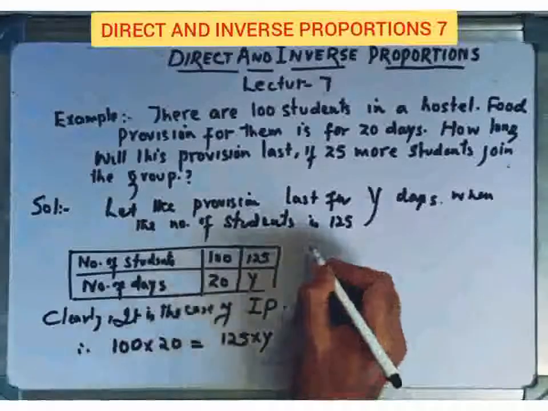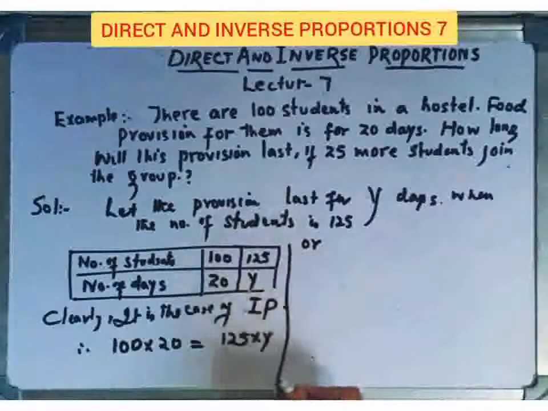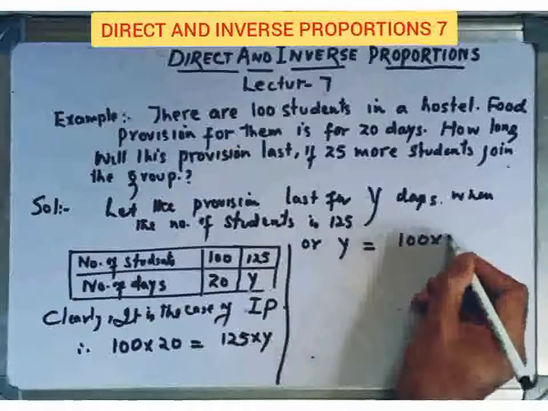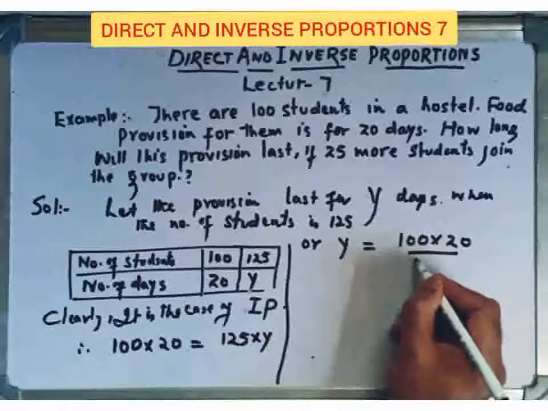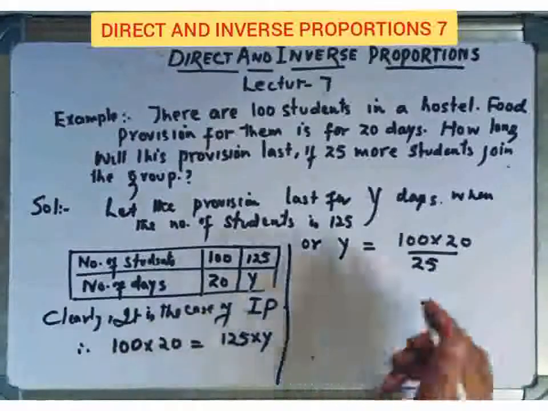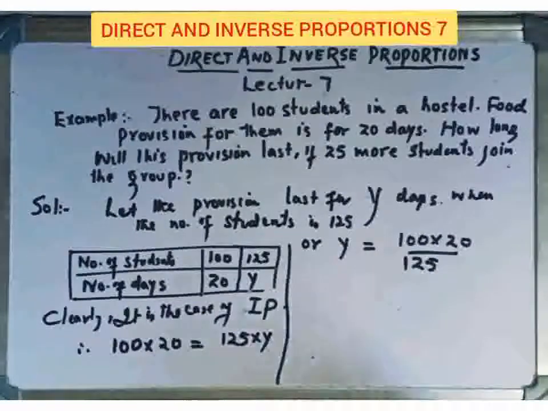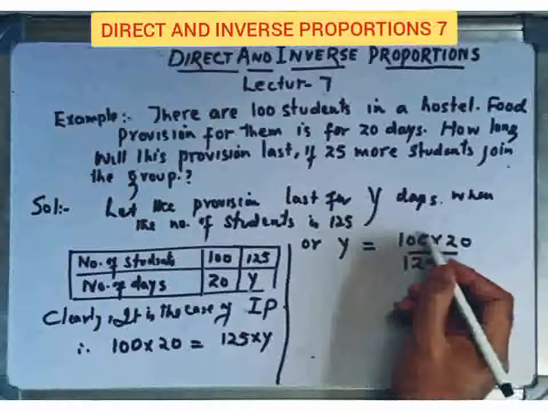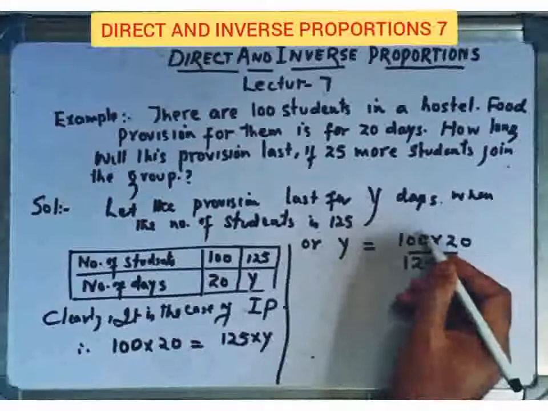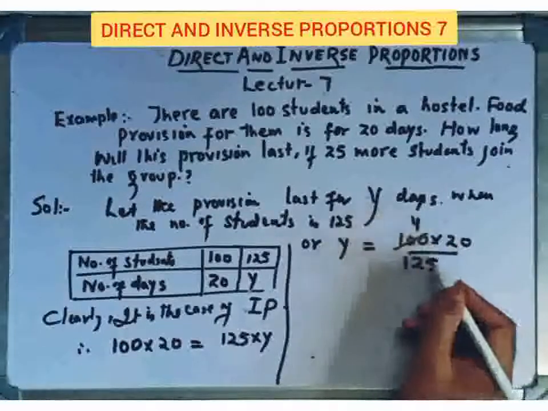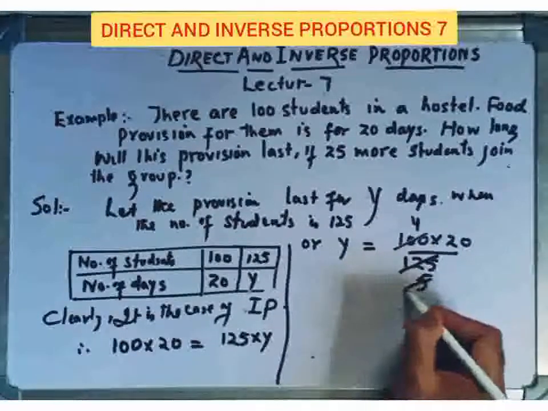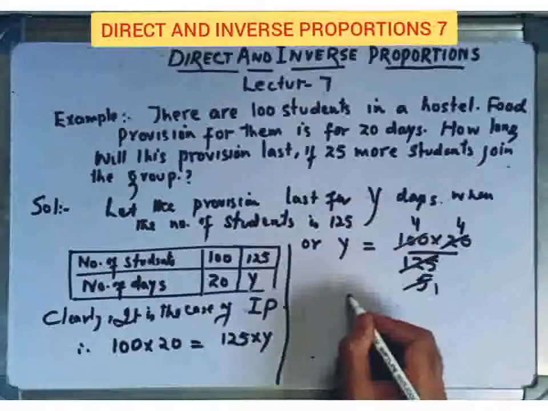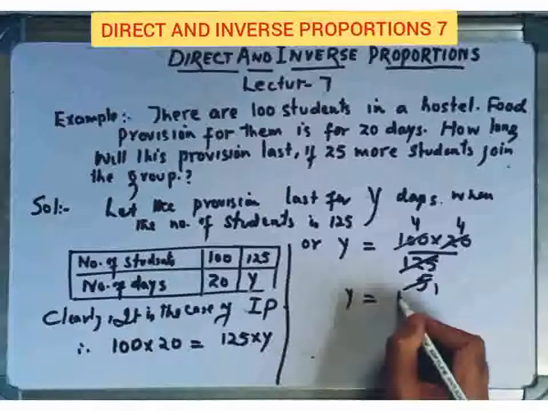Or y is equal to 100 multiplied by 20 divided by 125, right? So if we reduce this, 25 fives are 125, 5 fours are 20, so that y is equal to 4 fours are 16 days.